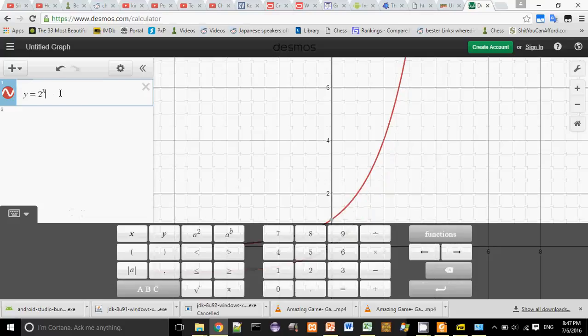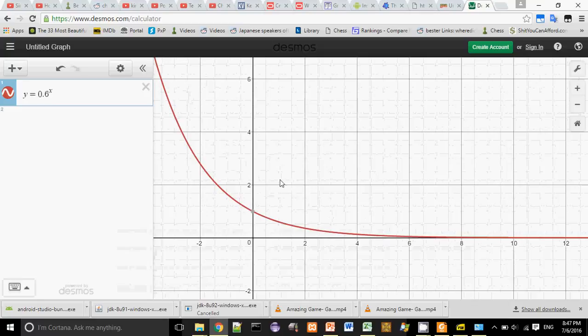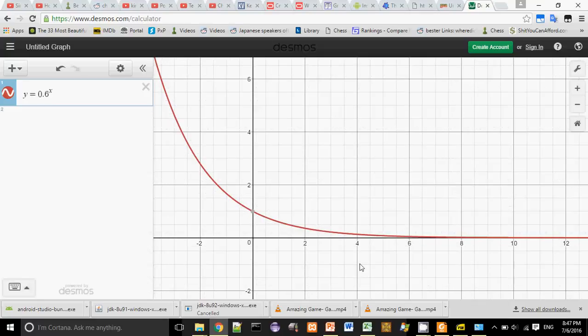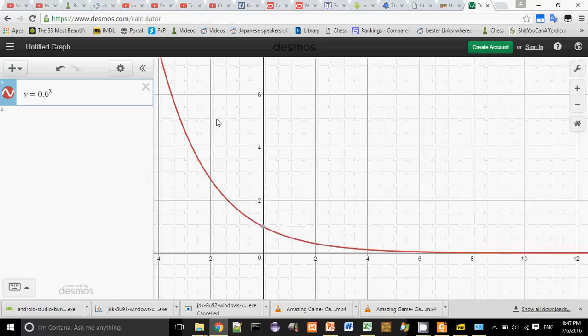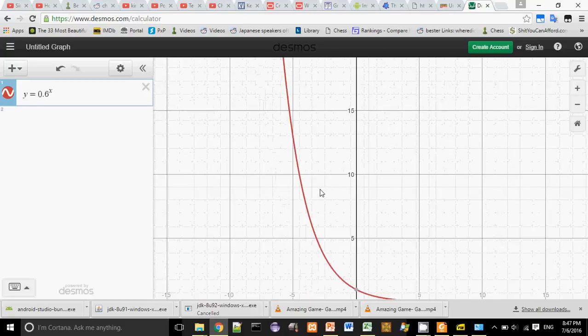Another thing you can do is, what if it was a fraction, like 0.6? Now it's the opposite way. As you keep timesing by 0.6, you get smaller and smaller. But if you work backwards, dividing by 0.6 is kind of like timesing by a bigger number. So it gets bigger and bigger. Anyway, so it's in reverse.